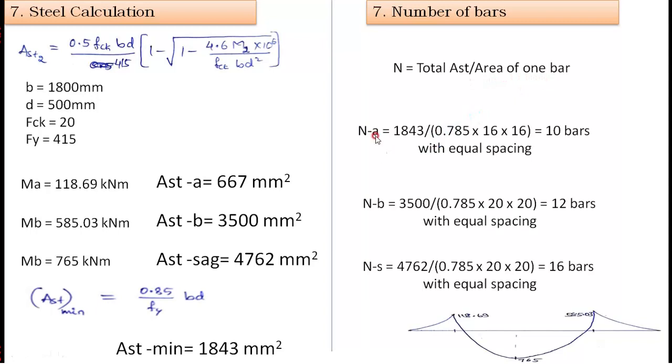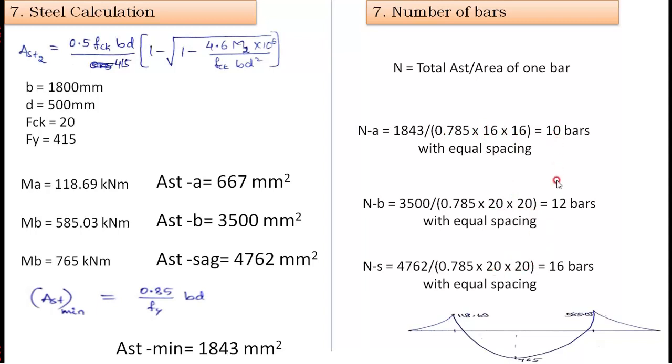Total Ast for under column A, under column B, and the center span, we will calculate by using these equations. Here we are just writing the Ast under column A, Ast column B, Ast column C, divided by one steel bar. In the first case I consider 16 mm bar, and in the other cases 20 mm bar.